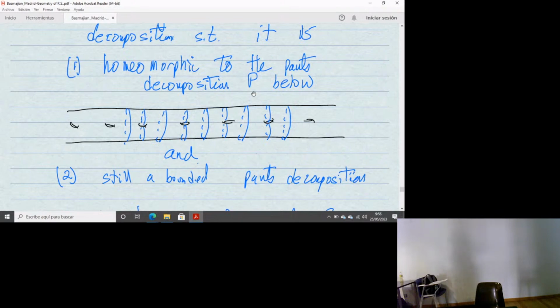In particular, for the Loch Ness Monster, we have a hyperbolic structure that's QCH, but it does not have a bounded Pants decomposition. That seems almost counterintuitive, but it's not.